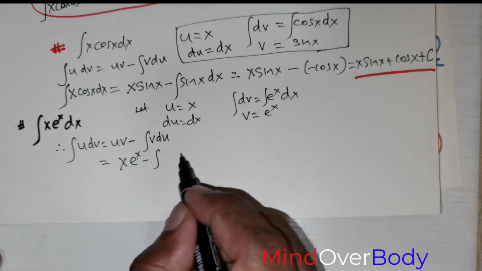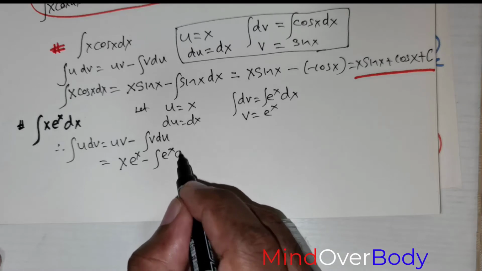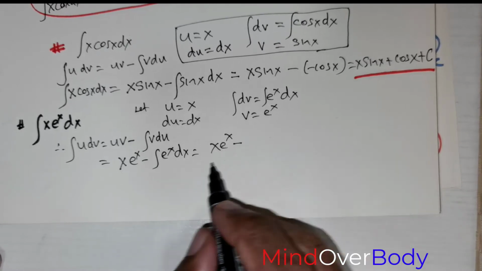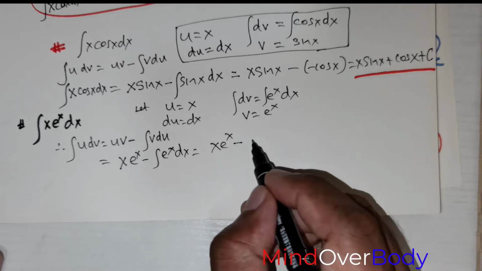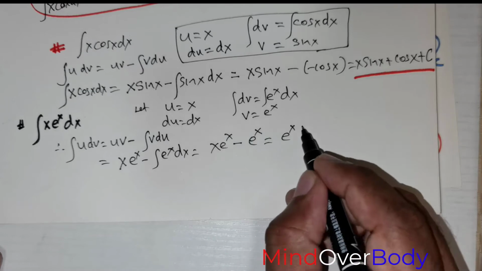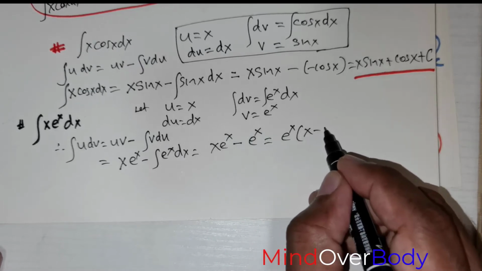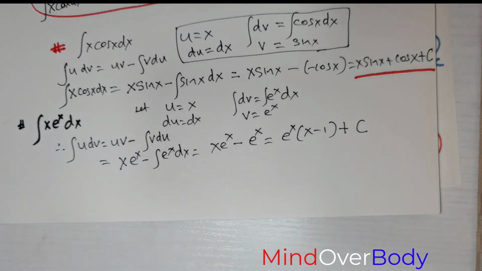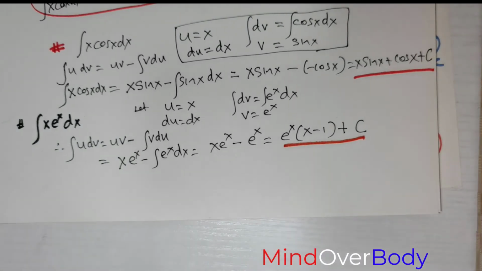So my v is e raised to the power of x, my du is dx. This is nothing but x times e raised to the power of x negative, if I were to integrate this, it would give me e raised to the power of x. I can just take e raised to the power of x out and write it as x negative 1 with the arbitrary constant c. So this is a good place for us to draw the red line. So that is the solution for this question.